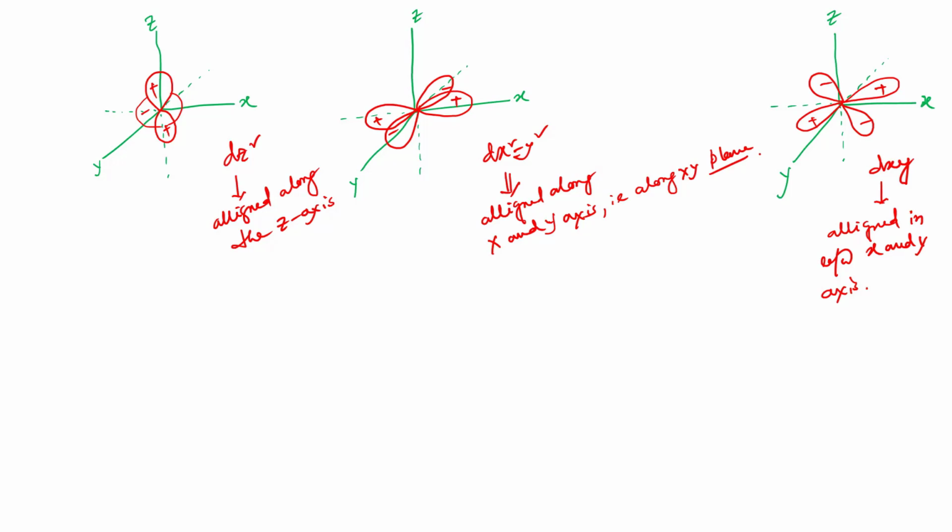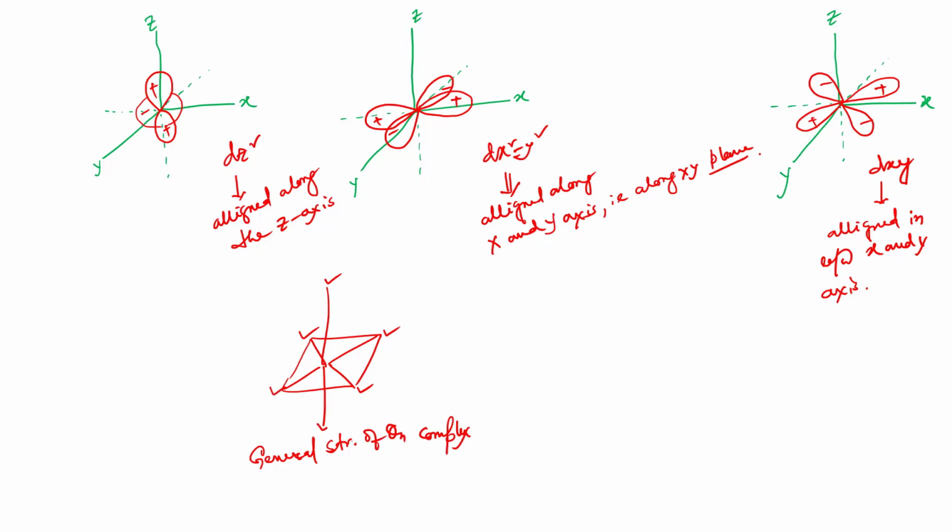Now coming to the general structure of any octahedral complex. This is the structure of an octahedral complex. These are ligands.